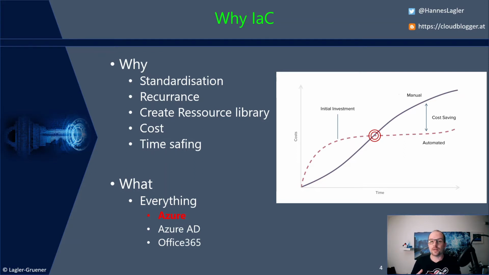And when you think about infrastructure as code, you develop those functionalities, like naming standard and security functionalities, in your templates, and you can reuse those functionalities. If you have a recurrence of some tasks, you can also think about infrastructure as code because it's a cost and, for sure, time saving option.